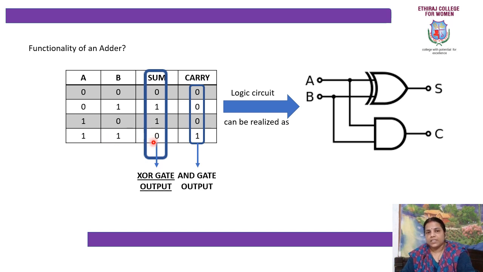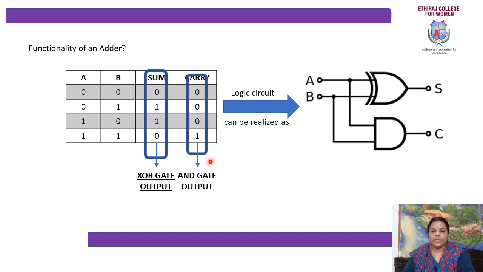So the least significant bit 0 will be taken for the sum and the extra bit will be taken for the carry. On closely examining the sum output, we can narrow down its functionality. It's simply an XOR gate.